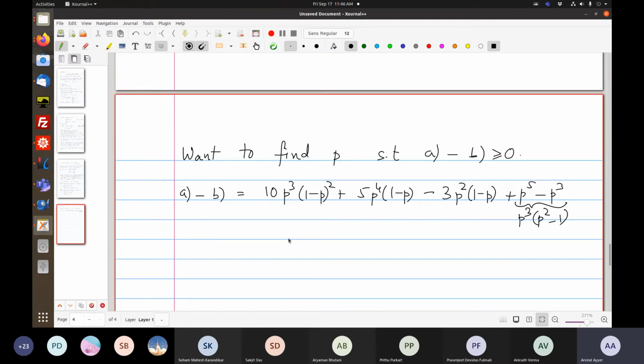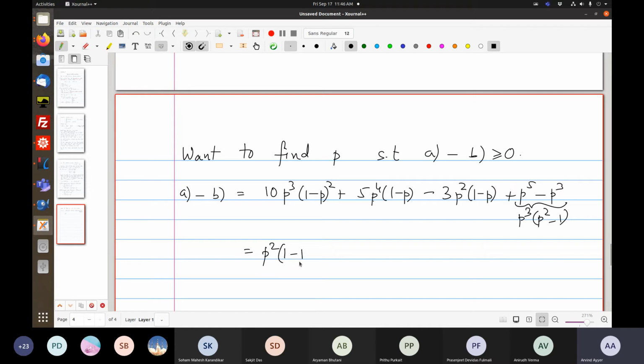Okay, now if you look at all these terms, I have p cubed here, p to the 4 here, p squared here, and p cubed here. So p squared is common. I can take it outside. And I have 1 minus p whole squared, 1 minus p, 1 minus p, and p squared minus 1 factors. So there's a 1 minus p factor here as well.